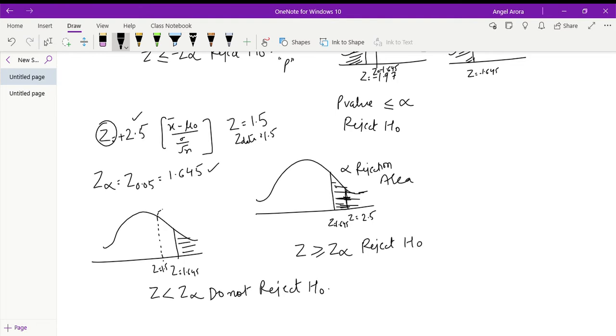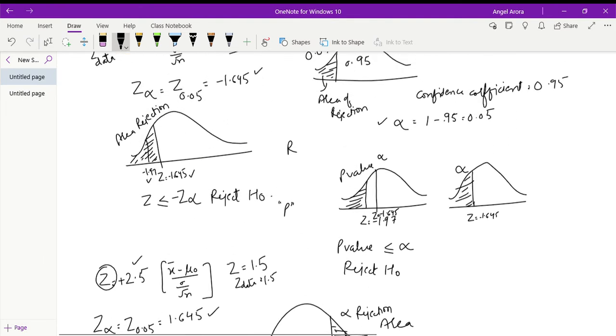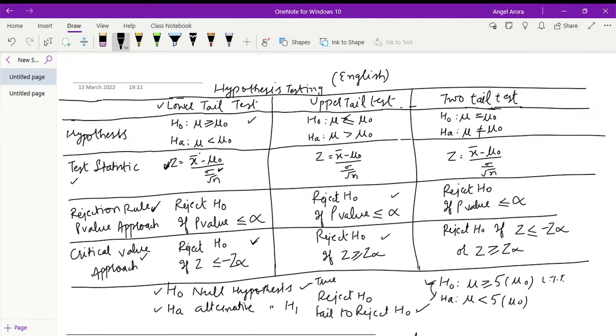So what is two-tail test? In lower tail test and upper tail test, we can see less than or equal to, and greater than or equal to signs. But in two-tail test, there is only one sign, the equal to sign.